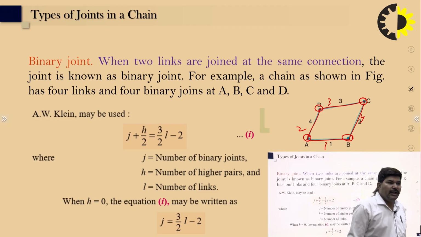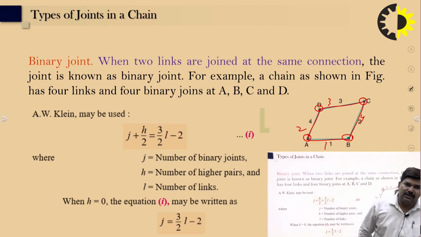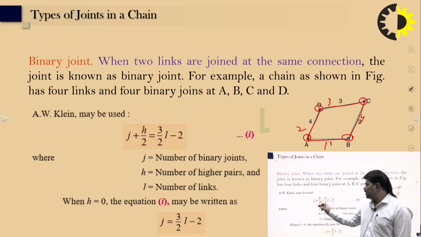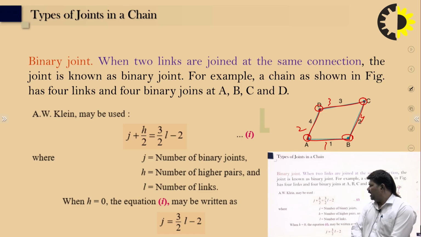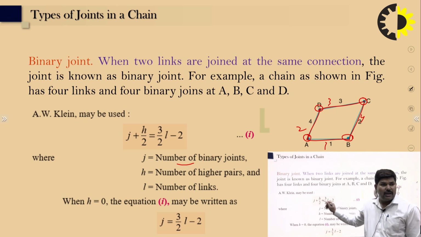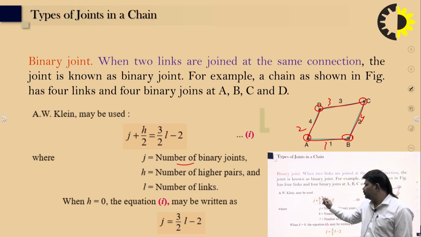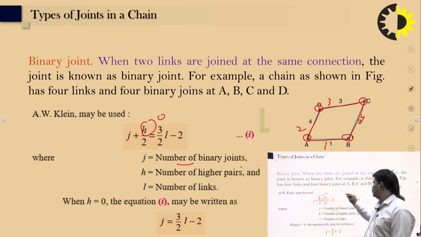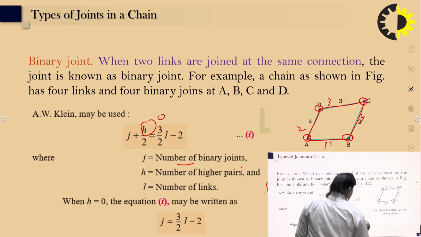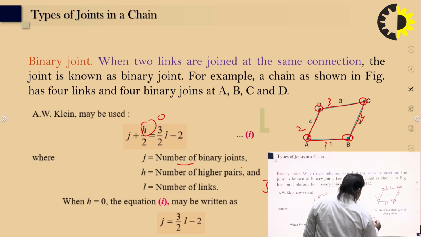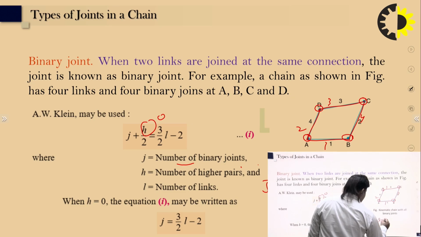AW Kelvin's equation may be used: J plus H by 2 equals 3 by 2 L minus 2, where J equals the number of binary joints, H equals the number of higher pairs, and L equals the number of links. If the number of higher pairs is 0, the equation becomes J equals 3 by 2 L minus 2.